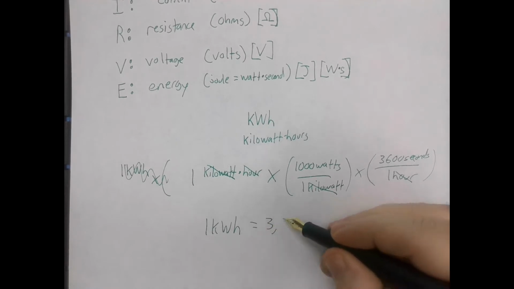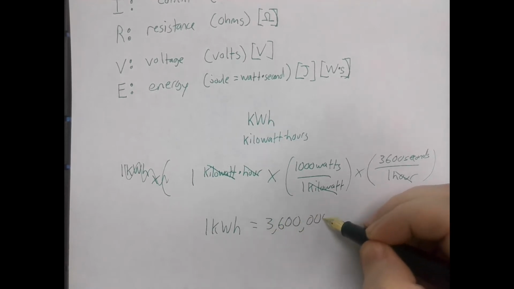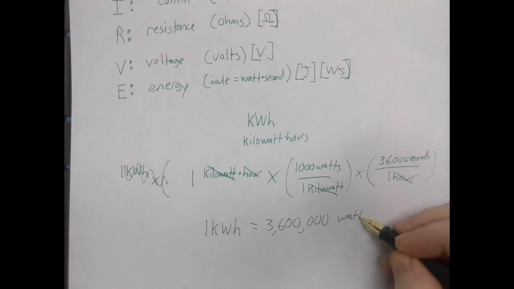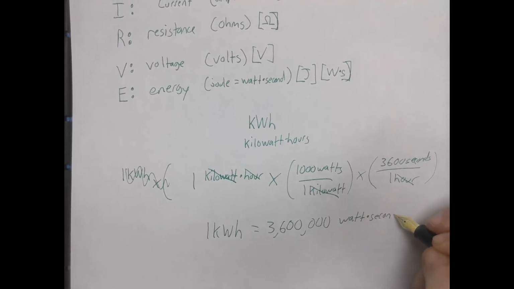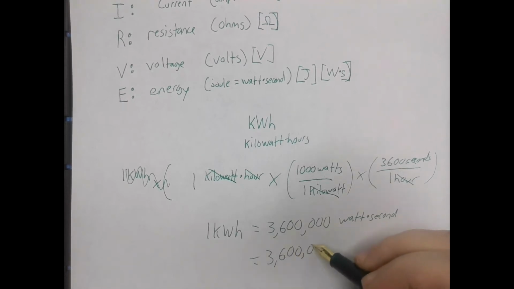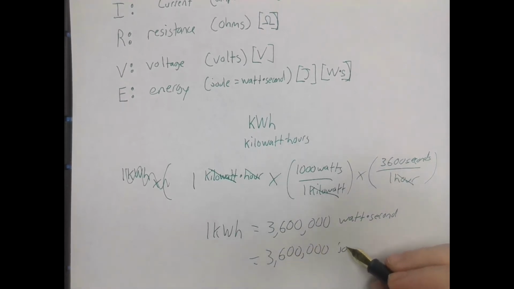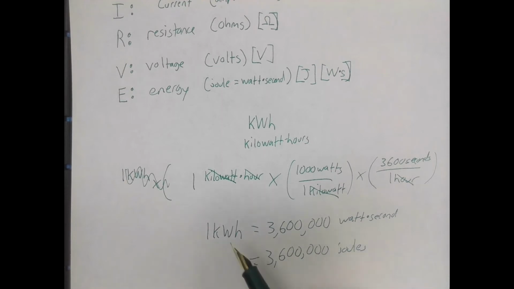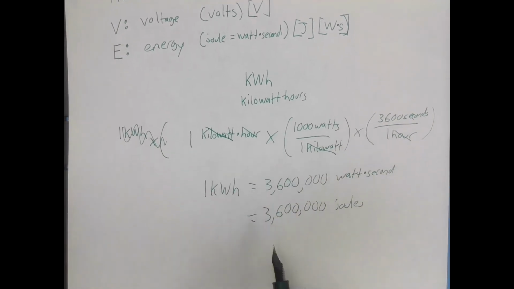So that's 3,600,000 watt seconds. And a watt second is the same thing as a joule. So 1 kilowatt hour is equal to 3.6 million joules.